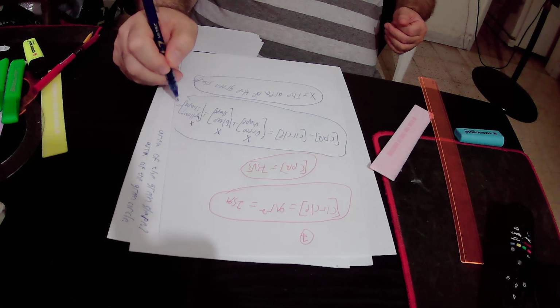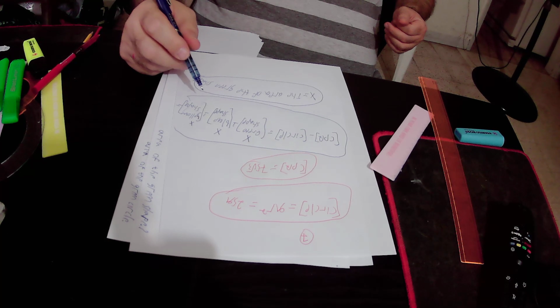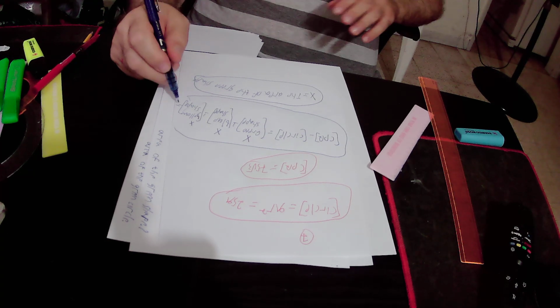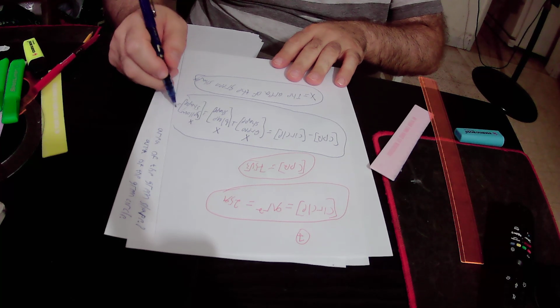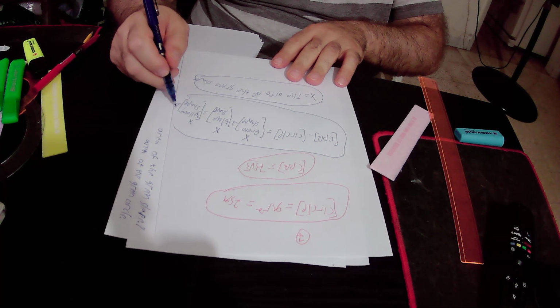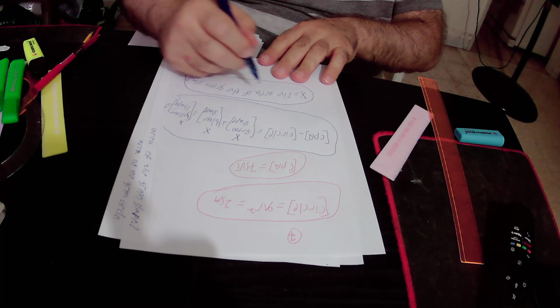So in total, the area of the triangle minus the area of the circle equals x plus x plus x, that is 3x.